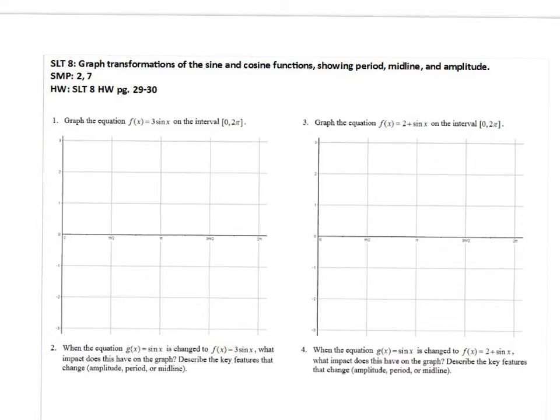So before we start number 1, which is, and number 2 and 3, which are sine functions, let's review the parent graph for a sine function. We have all the quadrantal angles, so the last is 2 pi, pi, and then pi over 2, and 3 pi over 2. And if you remember, sine started at the origin because the y value is 0 on the unit circle at 0, and then went to 1, which is the max, back to 0, back to the minimum, and back to 0.